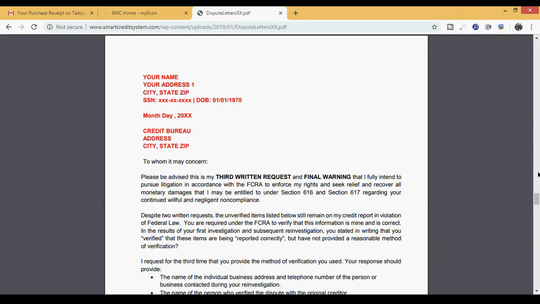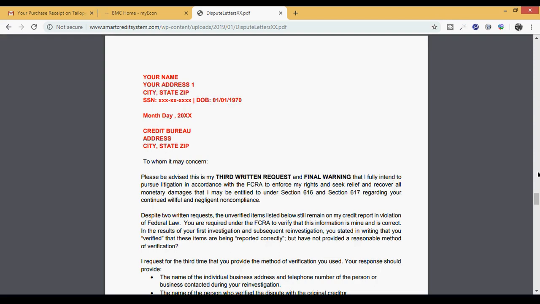So dispute letter number 3, this is what happens, because you got to understand, things aren't always removed from your report. Okay, it doesn't always just fall off. They don't always just get scared, right? So this is what you have to understand. You still keep fighting, especially if there was any form of violation to your rights, especially if they're not meeting the deadlines, if they're unable to verify that it's your debt, if they're unable to give the method of verification.